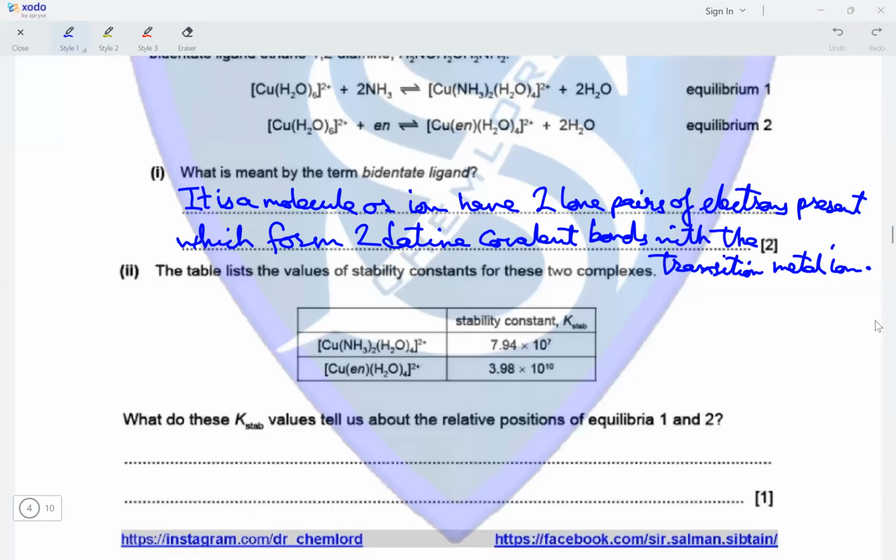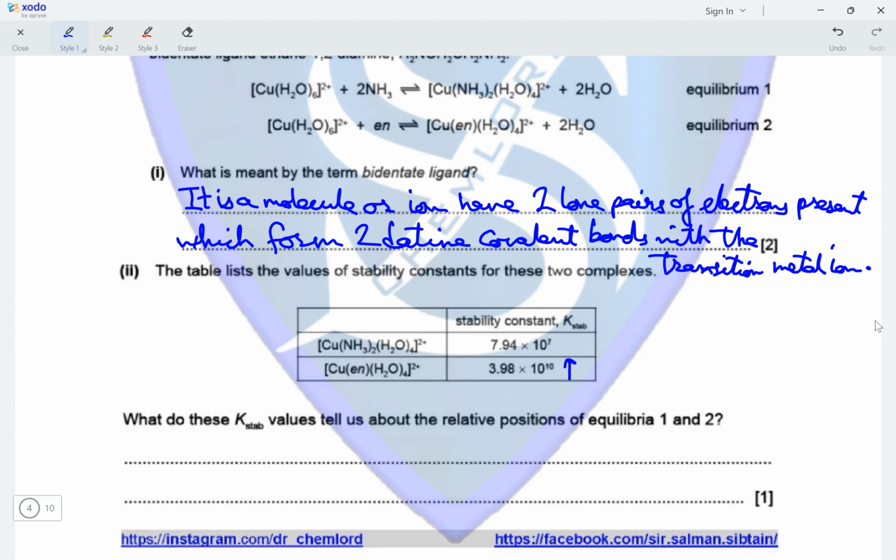The table lists the values of stability constant for these two complexes. Okay, this value is higher than the first value. What do these stability constant values tell us about the relative positions of equilibria 1 and 2?